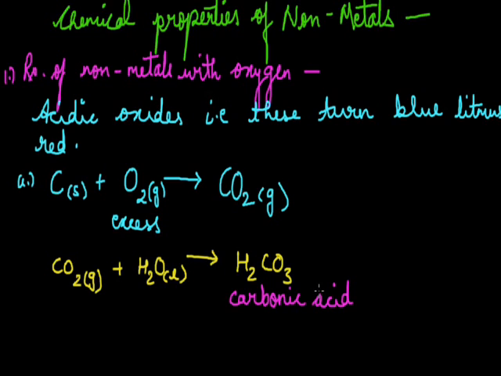Basicity is the number of replaceable hydrogens in an acid. As an acid is formed, the blue litmus turns red when we dip a blue litmus paper in it. This shows the acidic character of CO2.